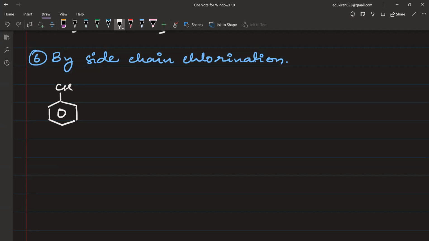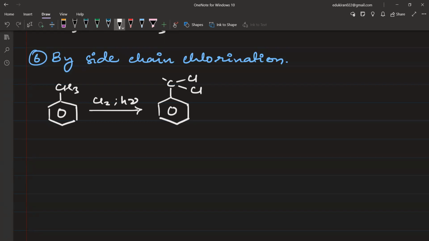Okay, CH3. If you remember preparation of haloalkenes from alkenes, there is free radical halogenation. So free radical halogenation happens here. So in this case, we will stop when two hydrogens of this carbon is converted to chlorine. So we have carbon, 1Cl, 2Cl, and then there is hydrogen here.